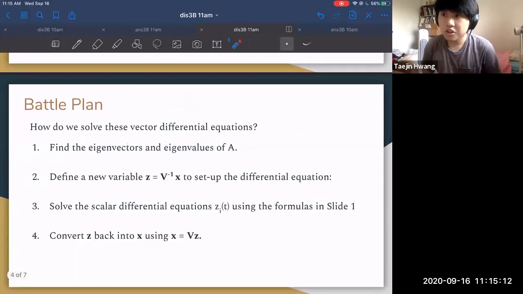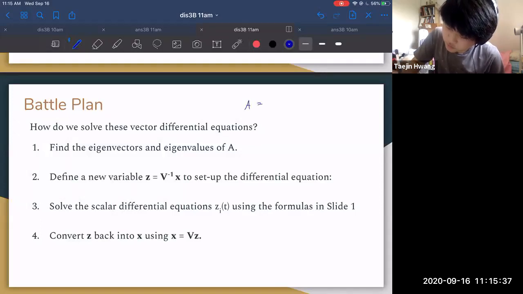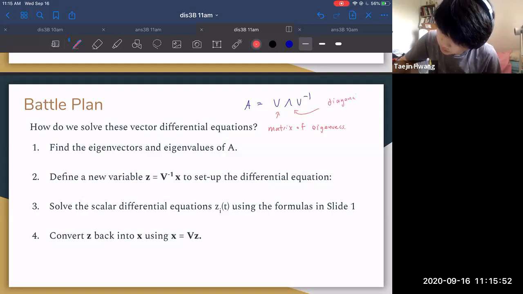So the overall battle plan for today, the way we're going to do this is we're going to take advantage of the eigenvectors and eigenvalues of A. So this matrix A has eigenvectors and eigenvalues, and we're essentially going to learn about something called diagonalization, which is a way to write A as V lambda V inverse, where V is a matrix of eigenvectors, and lambda is a diagonal matrix of eigenvalues.